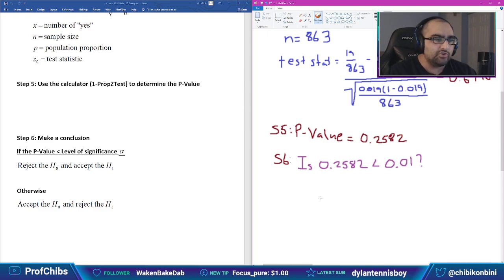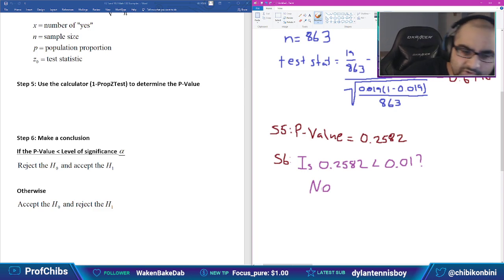Is 0.2582 less than 0.01? Okay, so the answer to this is definitely no. It is not. So if this answer is no, and all of you are correct, the answer is indeed no. If this is not less than 0.01, the answer is no.